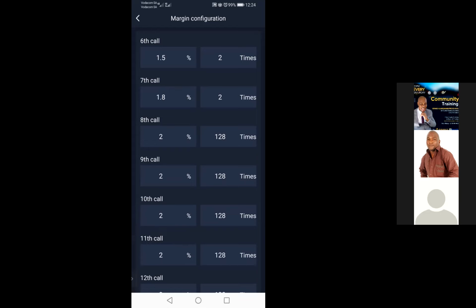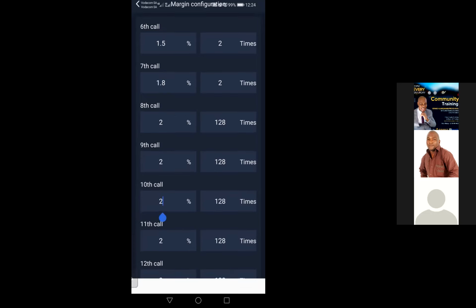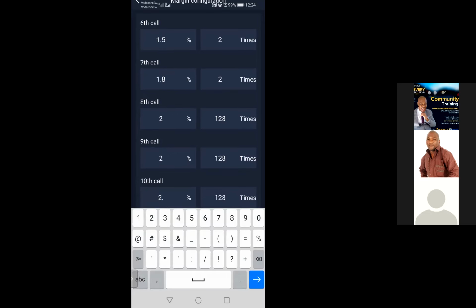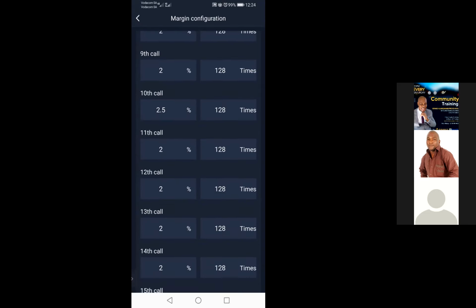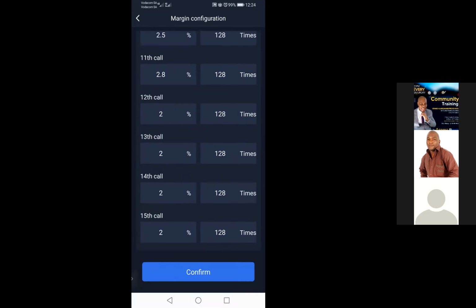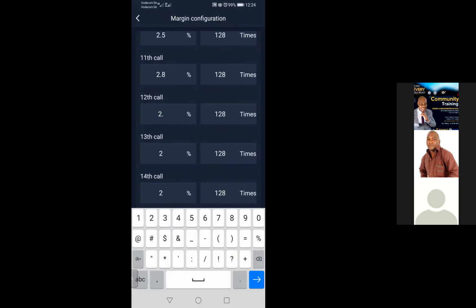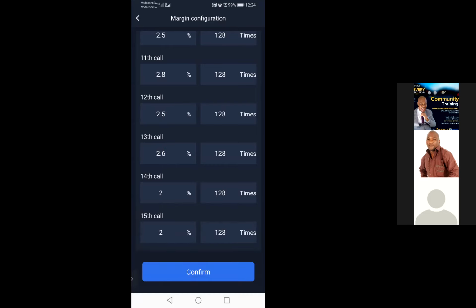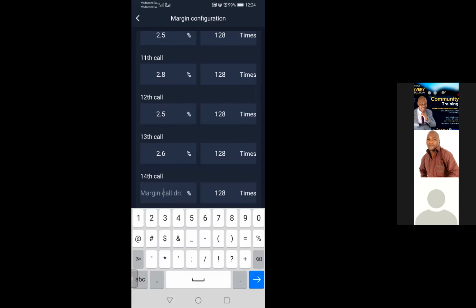Yes, and then call number 10 is going to be 2.5. 11 is 2.8. And then 12 is 2.5 again. And then let's look at that from 13 to 15.